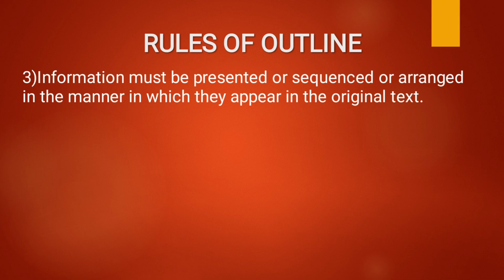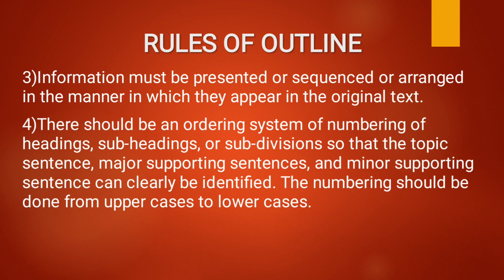Very, very important. Now, point number 4, we are saying that there should be an ordering system of numbering of headings, subheadings, or subdivisions, so that the topic sentence, major supporting sentences, and minor supporting sentences can clearly be identified.